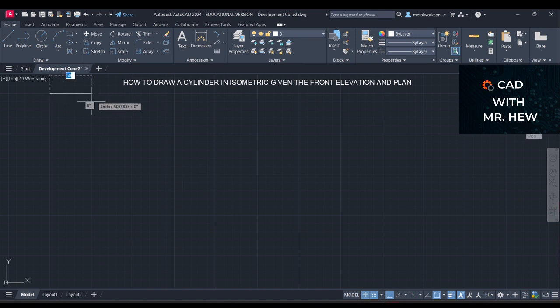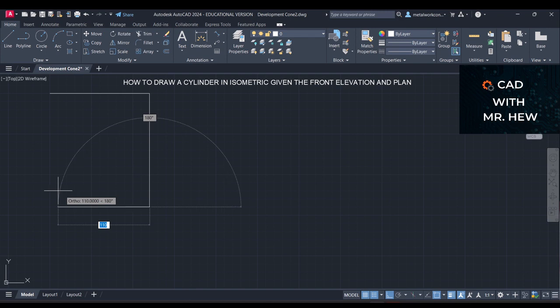I'm going to draw the height. There's our front elevation for a cylinder.